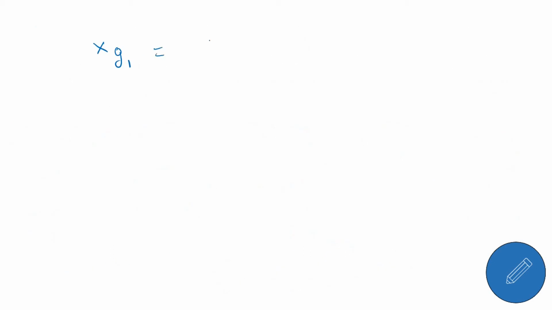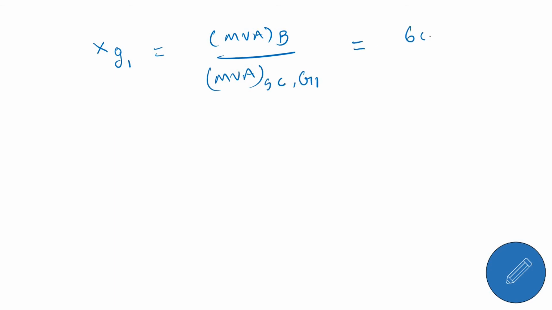Xg1 is equal to MVA base by MVA short circuit value of generator 1, that is 600 by 1500, which is equal to 0.4 per unit.